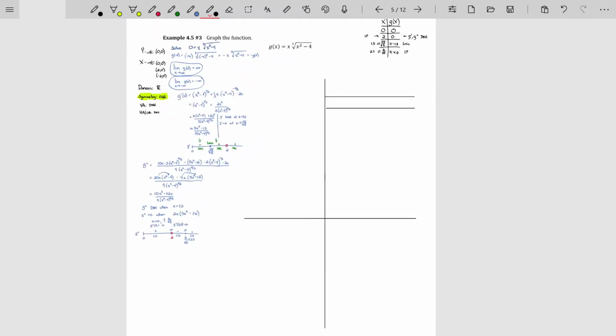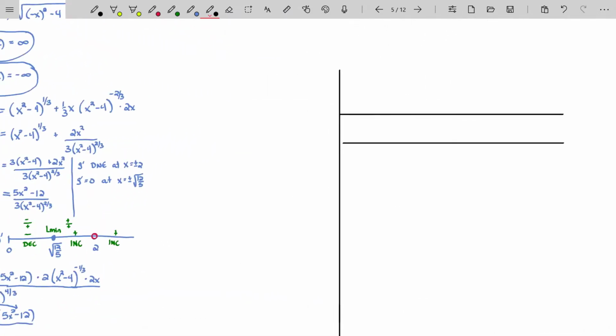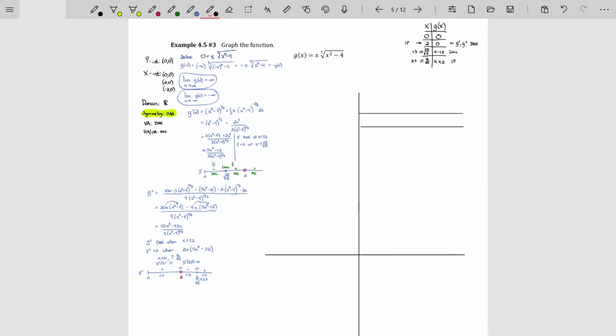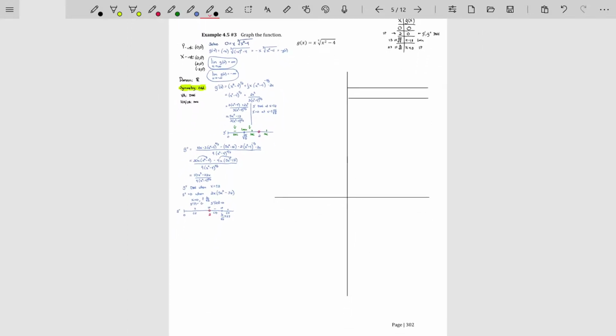But notice my number lines up above. If I'm going to use symmetry, I only want to look at the positive x values there, because if I draw out the whole thing, I'm going to confuse myself. So it's a little bit better for me to just use the symmetry that I have in place.